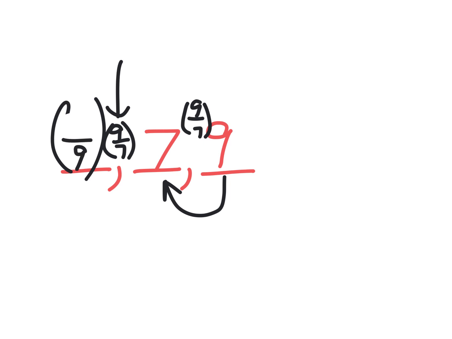And if I just put a 7 over 9 here, that's actually going to equal 1. And I don't want it to equal 1. I want it to equal 7. So I'm going to times it by 7 one more time. That way, one of the 7s will cancel the 7 on the bottom, one of the 9s will cancel the 9 on the bottom, and I'm left with a 7. So 49 over 9. Raise your hand if you had that one right.